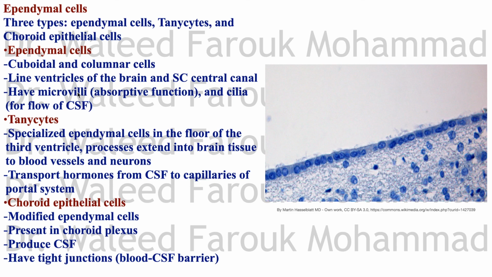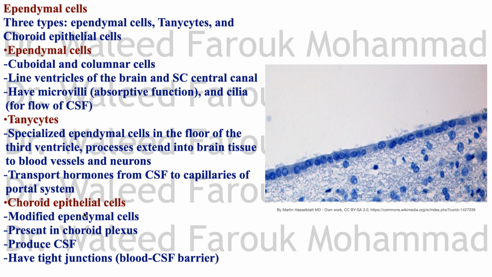Tanycytes are modified ependymal cells present in the third ventricle. They have processes that extend into the brain tissue to blood vessels and neurons, and are responsible for transport of hormones from the CSF to capillaries of the portal system.